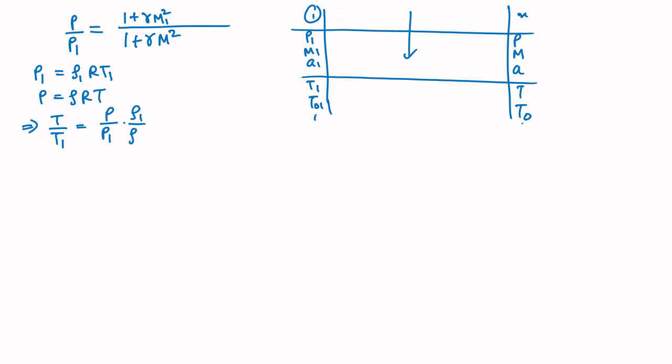Now, if you remember, rho 1 U1 is equal to rho U, by continuity. So this implies rho 1 by rho is equal to U by U1. So this implies T by T1 is equal to P by P1 times U by U1.